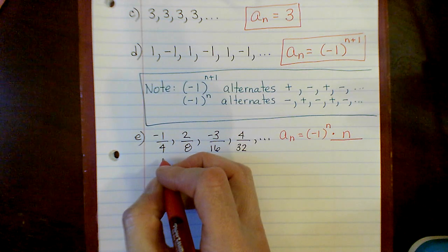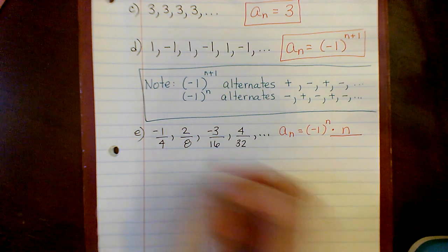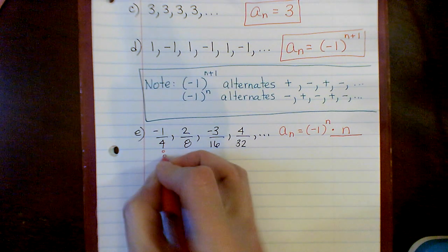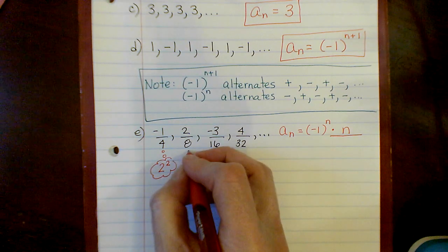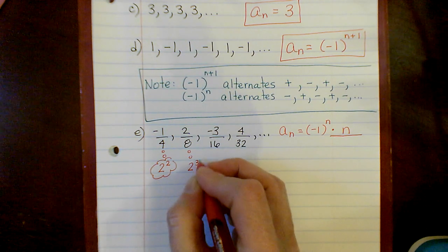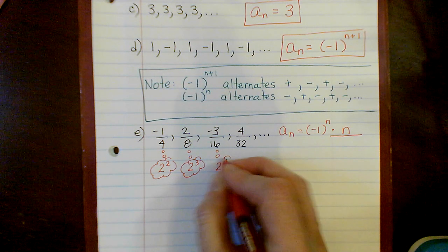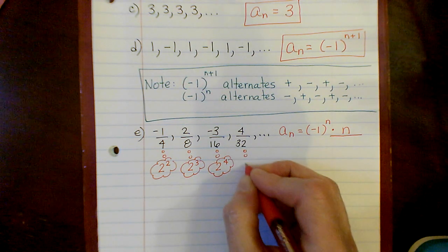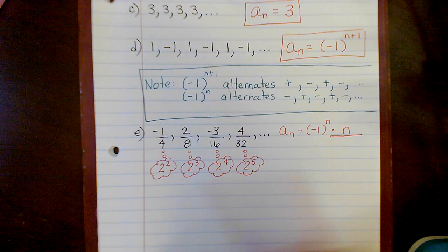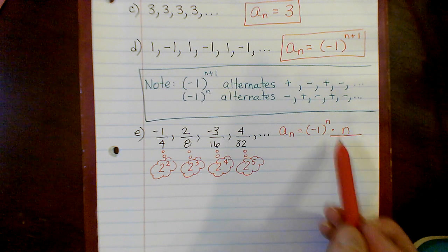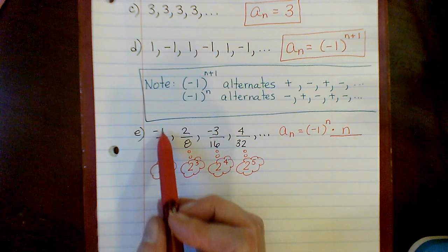But if you notice, these are all powers of 2. So 4 is the same thing as 2 squared. 8 is the same thing as 2 cubed. 16 is 2 to the 4th, and so on. So thinking of our starting number being 1, if I plug in 1 for n, I'm going to get this 1 on the top.